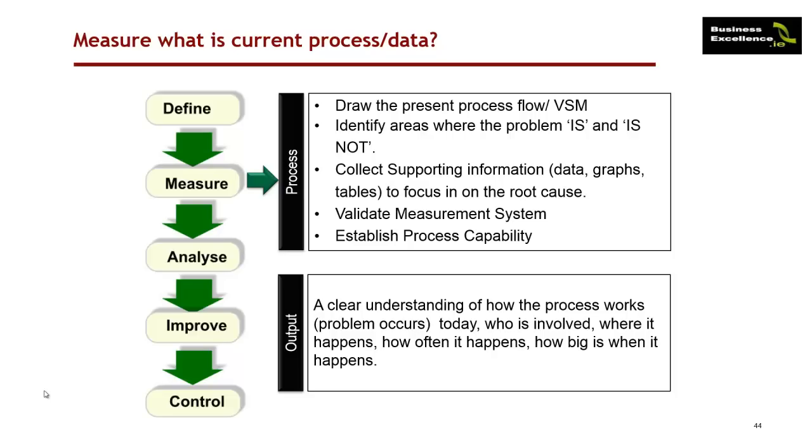Process capability is beyond the module that we're going to discuss at the moment, but suffice to say it's possible to measure and give a Cp or a sigma value for a process. At the end of this measure phase, we will have a very clear understanding of the process: how it works, who's involved, where it happens, how often it happens, when something goes wrong, how big it is, etc.